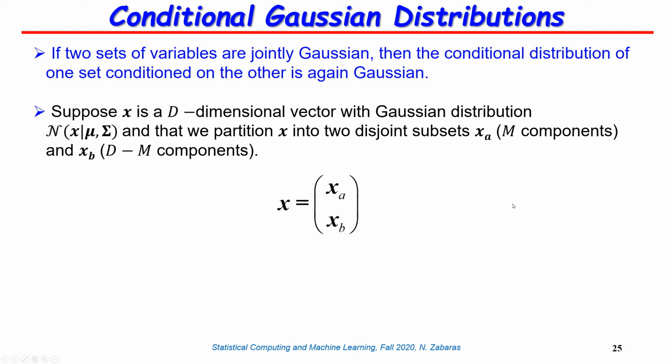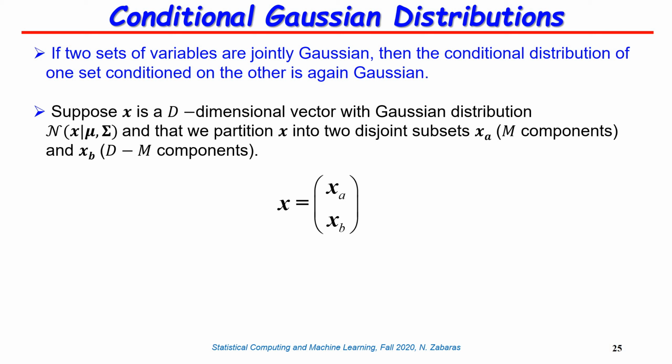So take a multivariate Gaussian x, on the variable x, and split the variable x in two parts, xa and xb. So we're going to partition x in two vectors. xa, let's say, has m components, and xb has d minus m components. So the vector x is d-dimensional, xa has m components, xb has d minus m components.